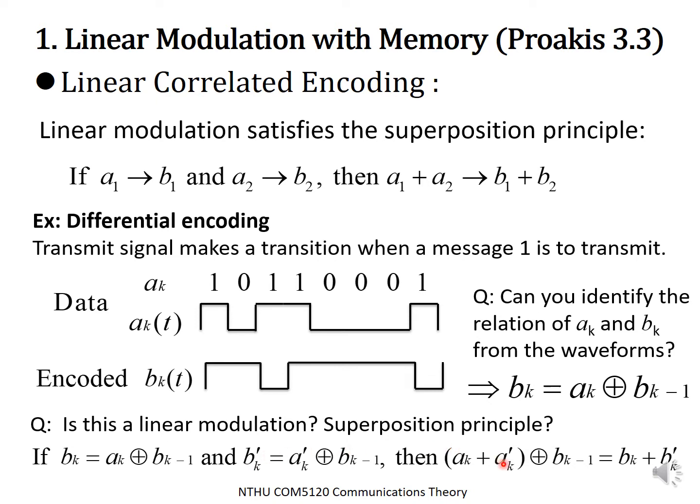Then if we have the addition of AK and AK prime, and then operate with BK minus 1, then obviously we have the output BK plus BK prime.